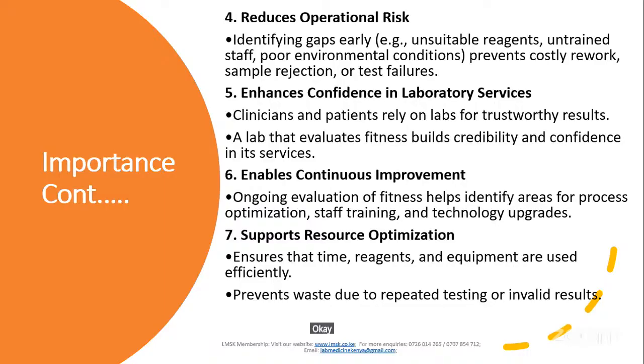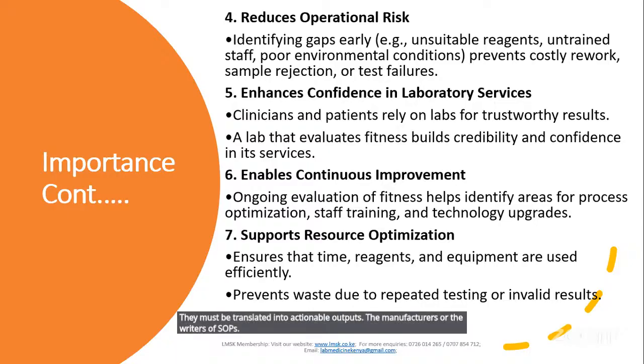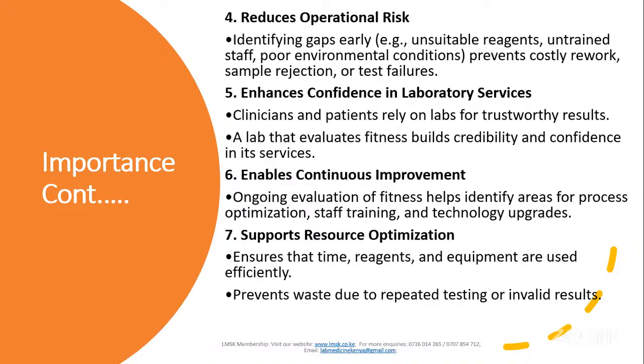Okay? So colleagues, for us to achieve this, the take-home point is whatever specifications the manufacturer has given must be translated into actionable outputs. The manufacturers or the writers of SOPs declare aspects fit for purpose.